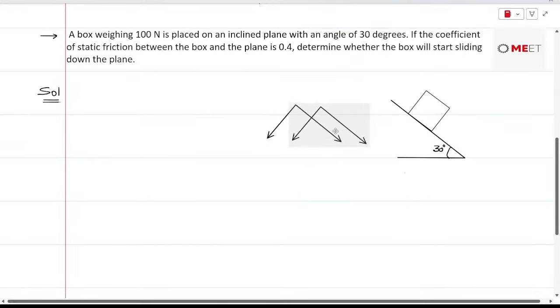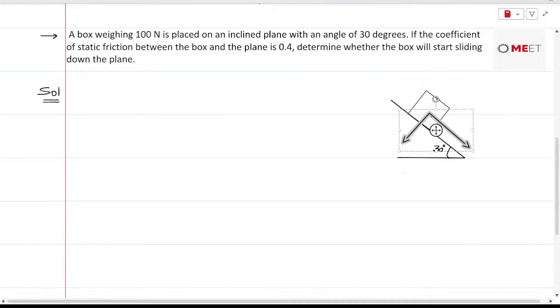Let me just draw these components of weight. And next, the weight is going to be vertically downwards. This would be the weight that is going to act vertically downwards. Let's say this is W.